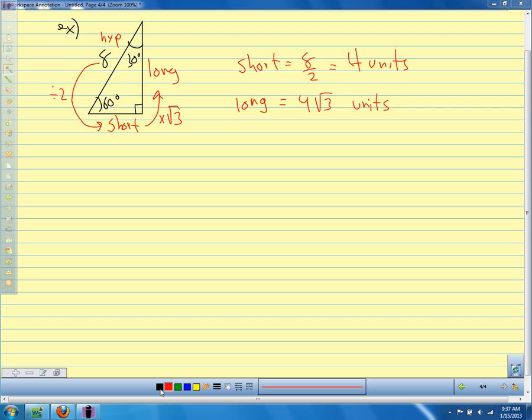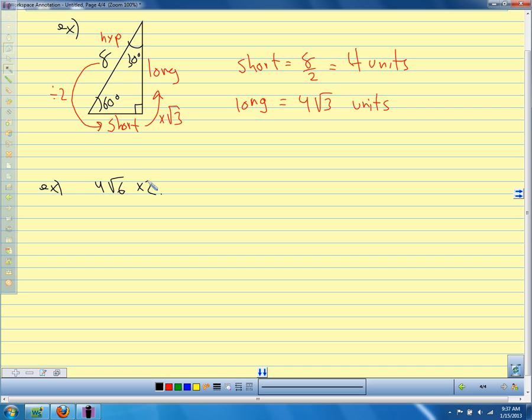Okay, just very quickly, I want to give you a reminder about working with square roots. When I have numbers with square roots, say I have 4 square root 6 times 2. The numbers inside the square roots can mix, the numbers outside the square roots can mix, but they can't go across the square root.